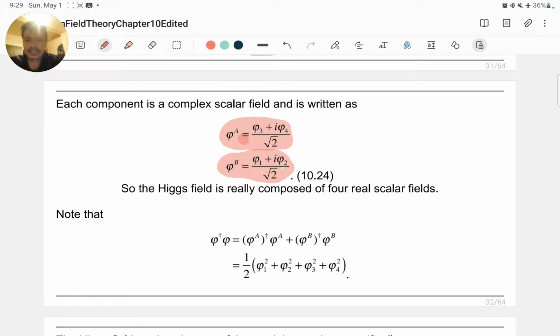So in this case, the Higgs field is composed of 4 scalar fields, and if you do this operation, you will have phi A adjoint phi A plus phi B adjoint phi B. This is actually coming from this one here.